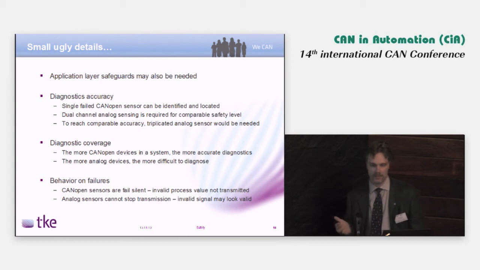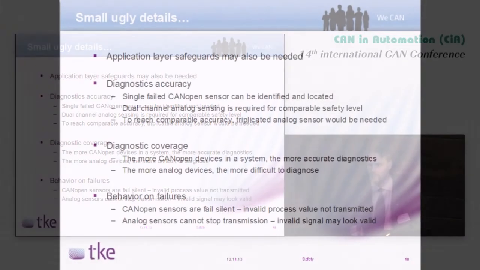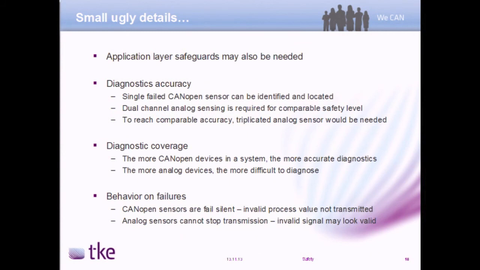CANopen is, by its nature, fail silent if configured correctly. If there are significant communication failures, we just cannot get messages through. It fails silent. But analog signals are continuous-time signals. As long as they are within the allowed range, the consuming device cannot detect anything.